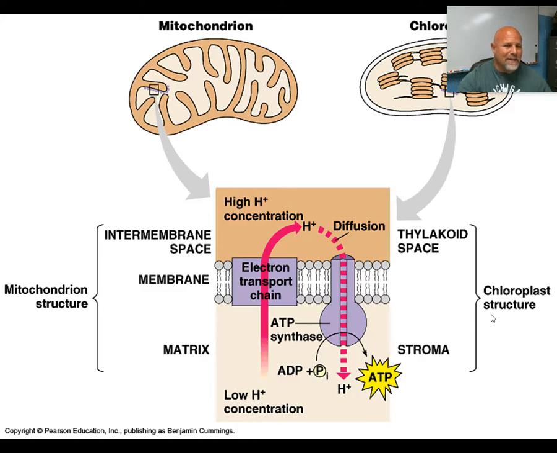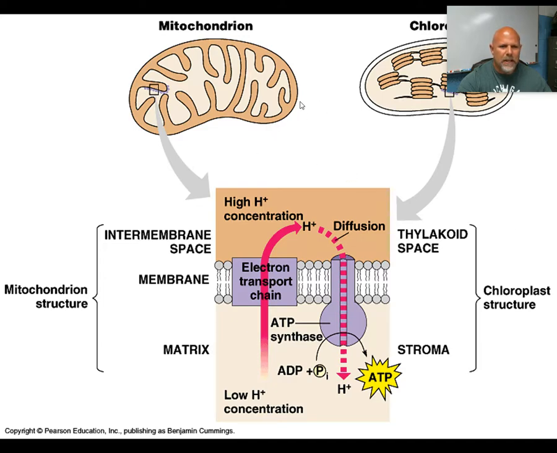Both of these processes that we see in the mitochondria and the chloroplast are very similar. They're kind of reversed. In the mitochondria, hydrogens are pumped out and then they flow back in. In the chloroplast, the hydrogens are pumped in and then they flow back out. But other than that, it's a very similar process that we see in both.